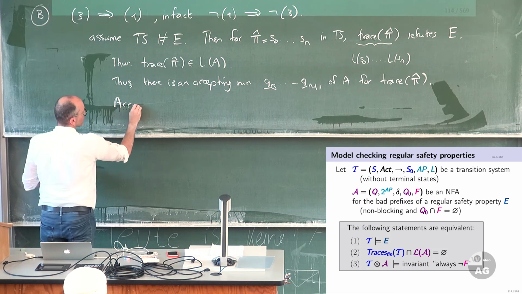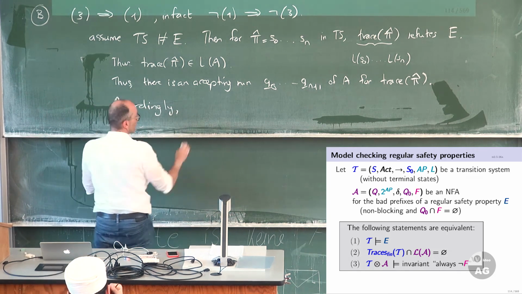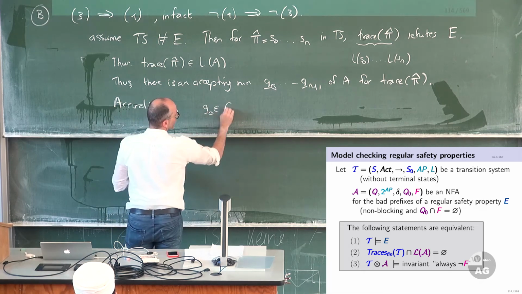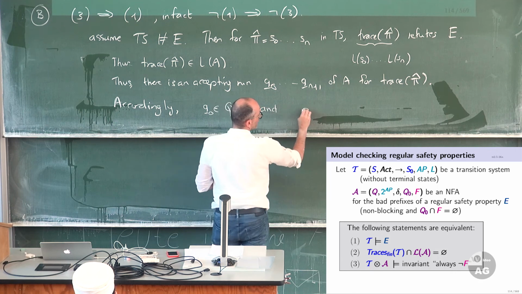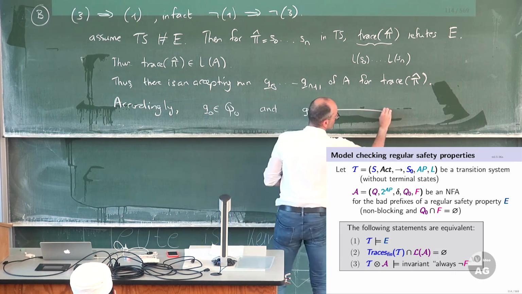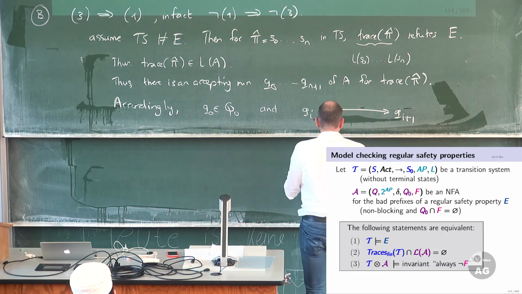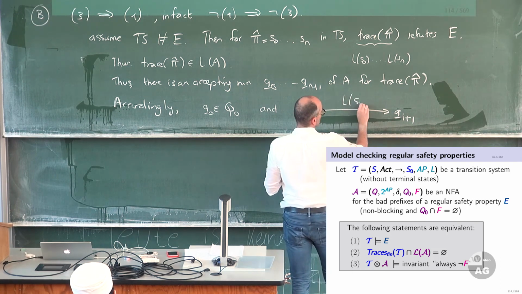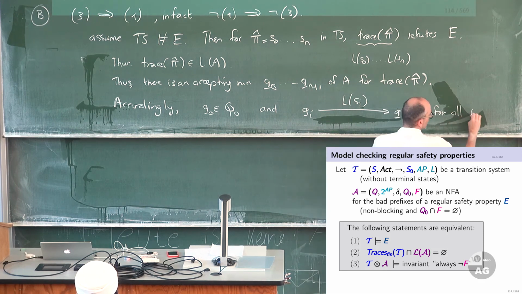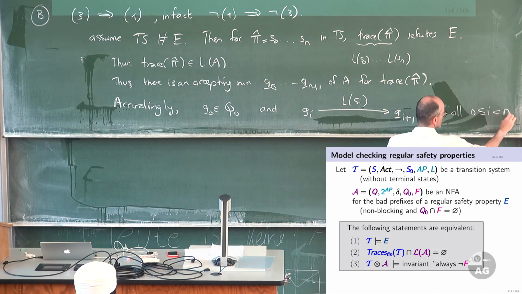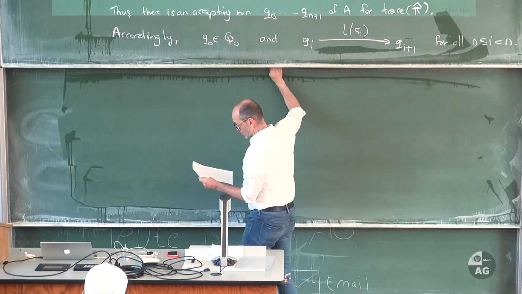Accordingly, Q0 is an initial state, and we have that Qi has a transition to Qi+1 for L(Si), for all i from 0 to n.